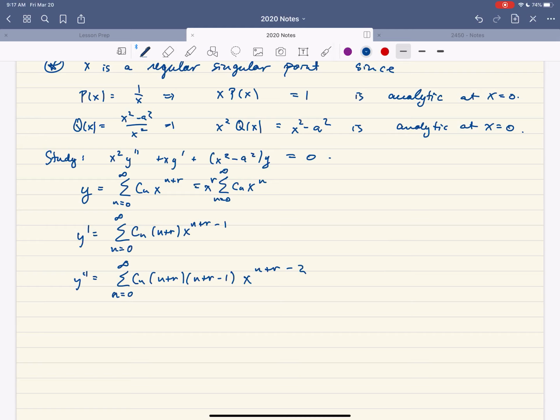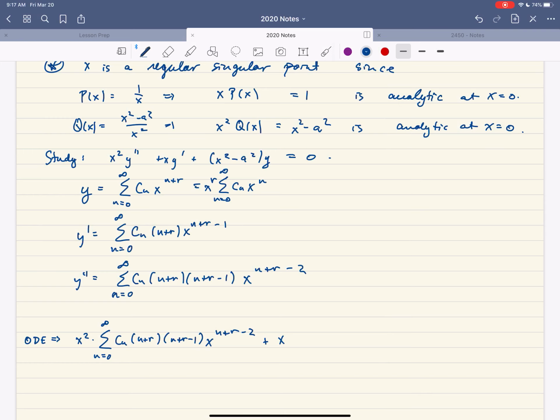All right, so now let's plug everything back in. If we look at x squared y double prime, our ordinary differential equation is going to become x squared times this last sum, so the sum from 0 to infinity, c sub n, n plus r, n plus r minus 1, x to the n plus r minus 2, plus x times y prime.